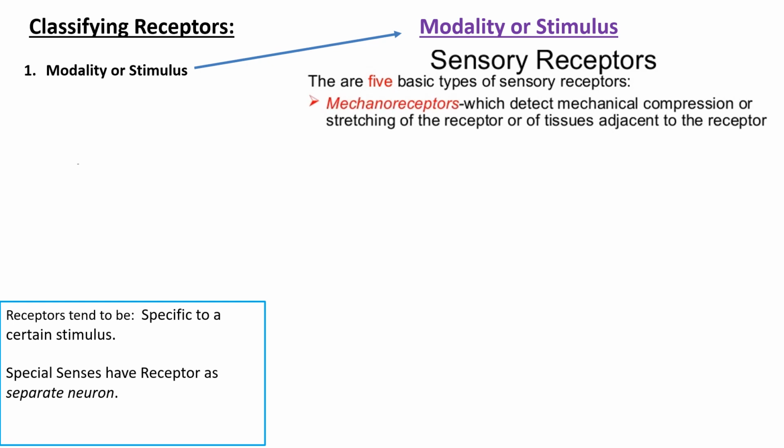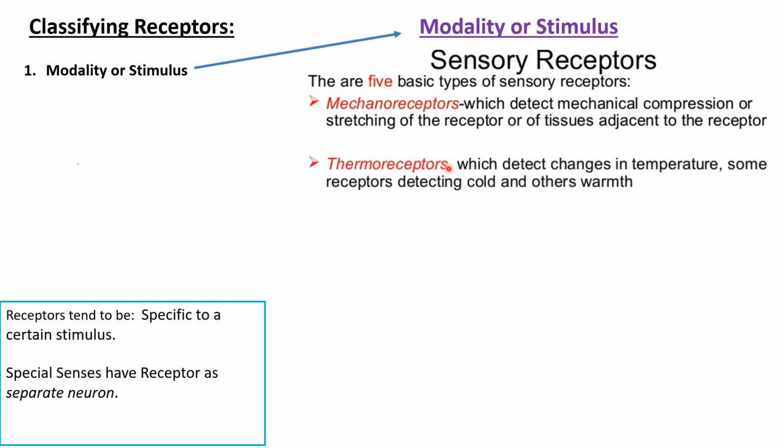The first is what we call mechanoreceptors. They can detect physical interaction, if you will, pressure or stretching or that sort of thing. Now, some people will include thermoreceptors in that because there is a physical interaction there. We will go ahead and break them out as separate. They can detect changes in temperature, cold, warmth, and usually it's relativistic.